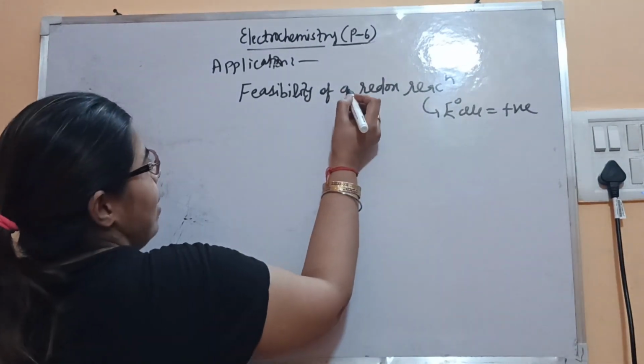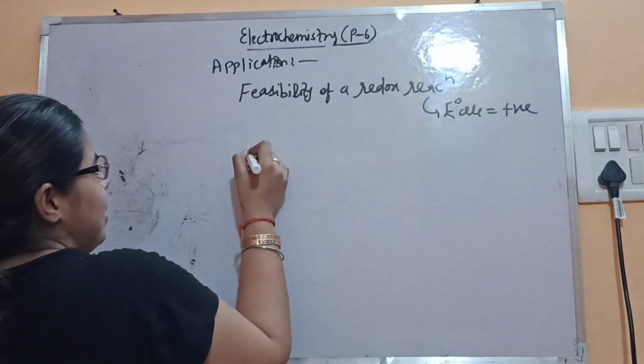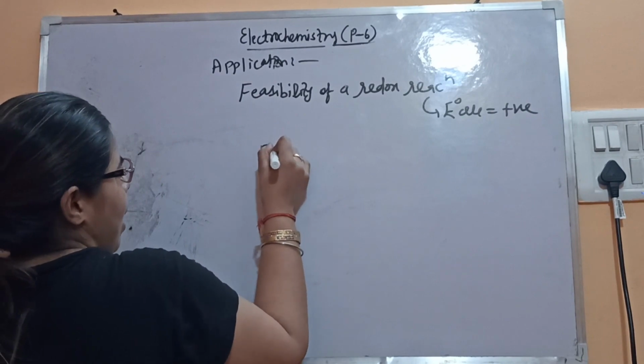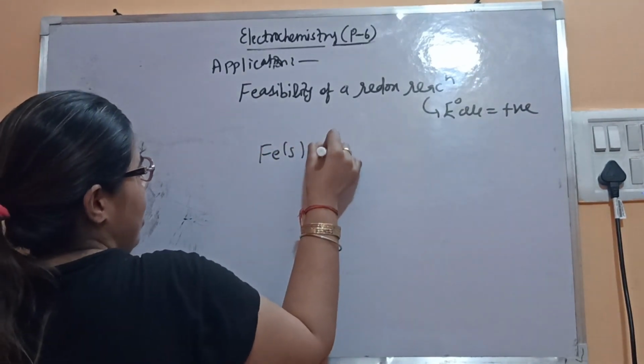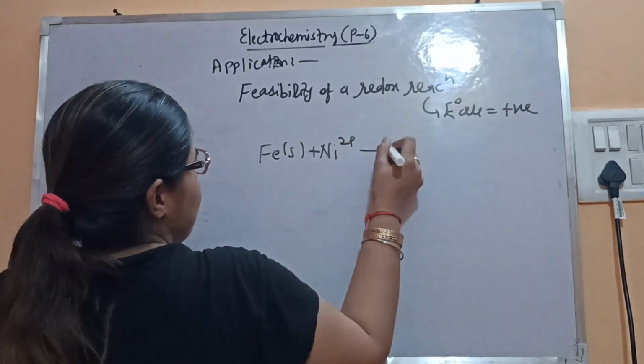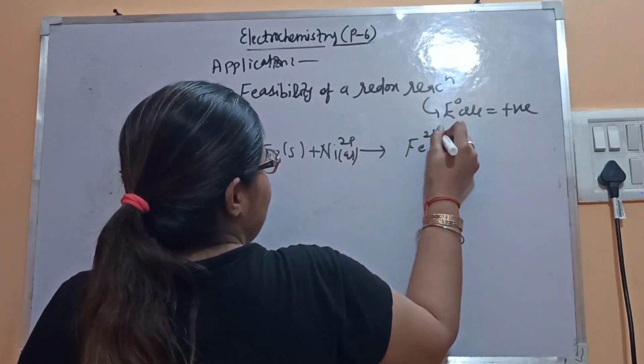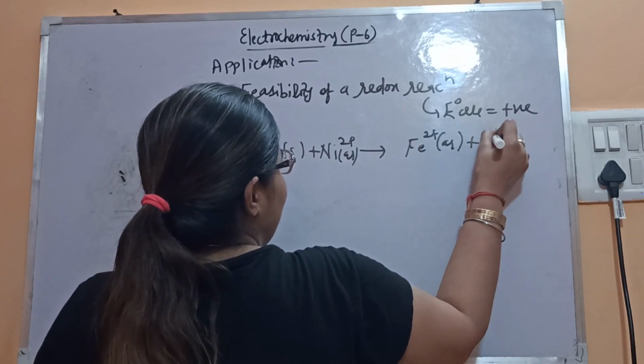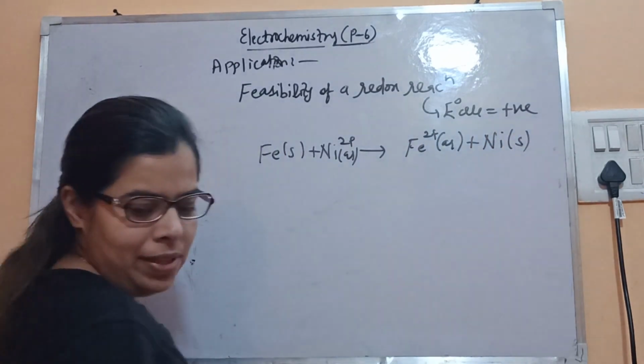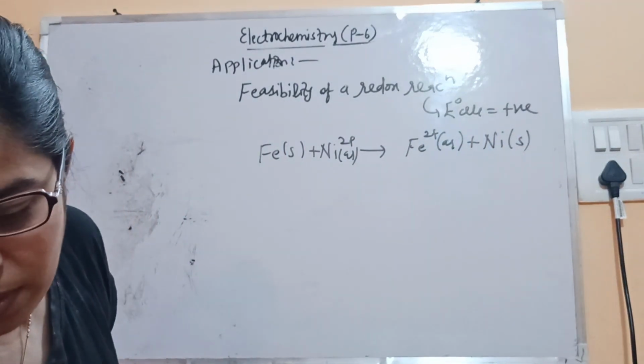And there we have seen the reduction potential values. For example, let's consider iron reacting with Ni2 positive, aqueous, gives you Fe2 positive, aqueous, plus nickel. Let's see will this reaction take place or not.